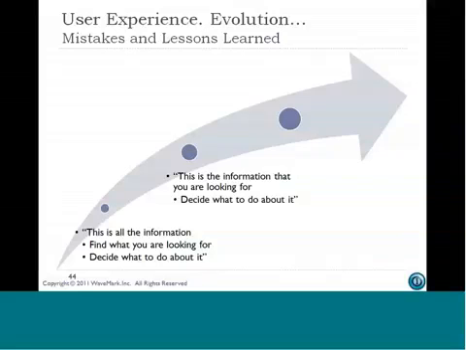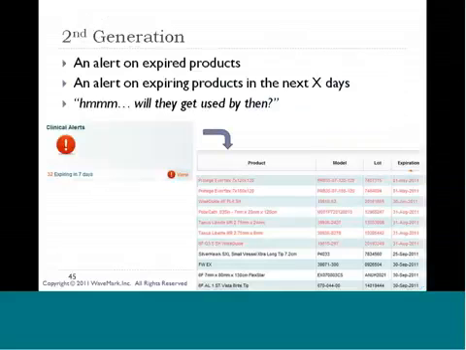From there, we moved one level up, and the system evolved into one that says, this is the information that you are looking for. You don't have to look for everything, but you make the decision about what to do about it. The actual example was a report where we would alert the user on expired products, or on products that will expire in the next X days.